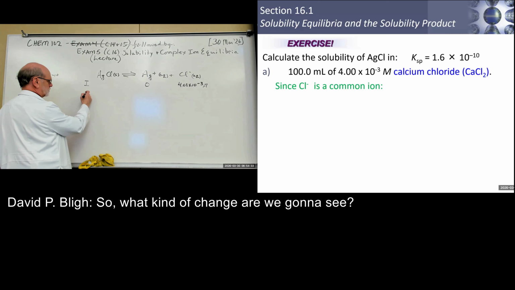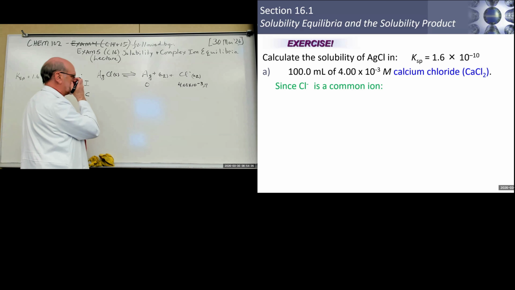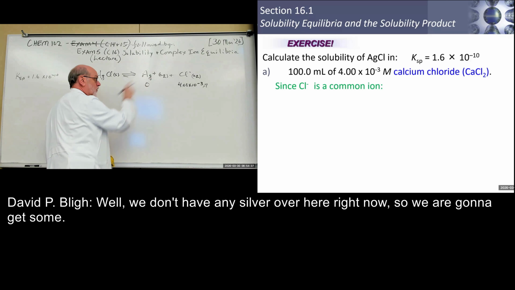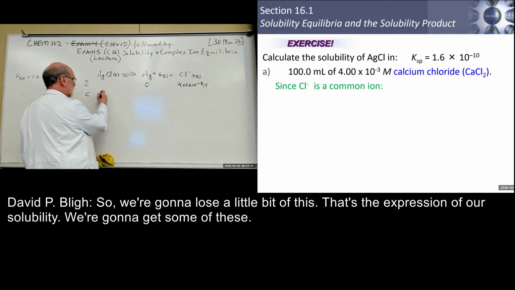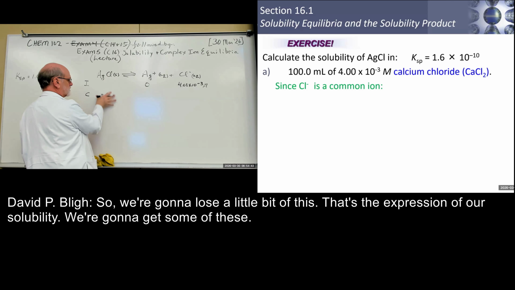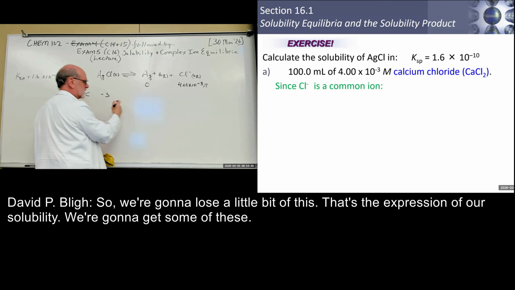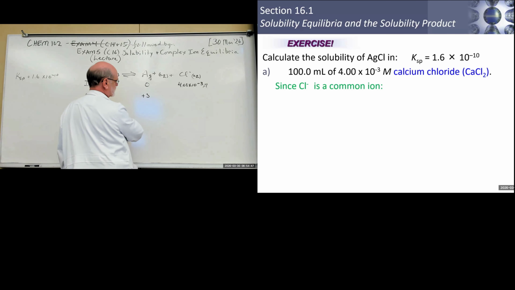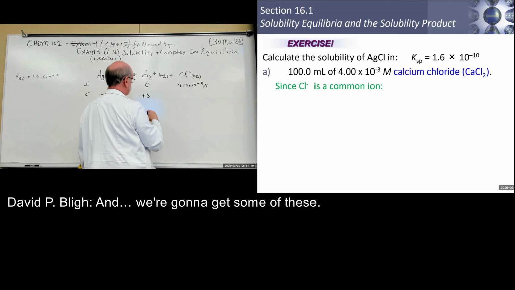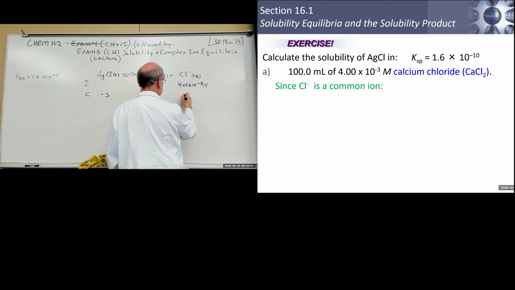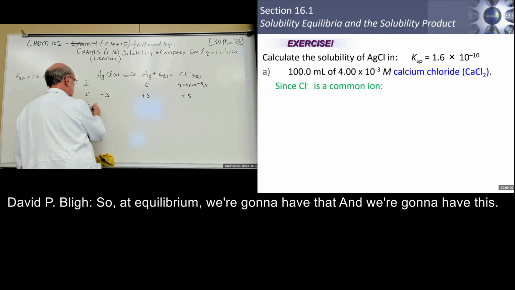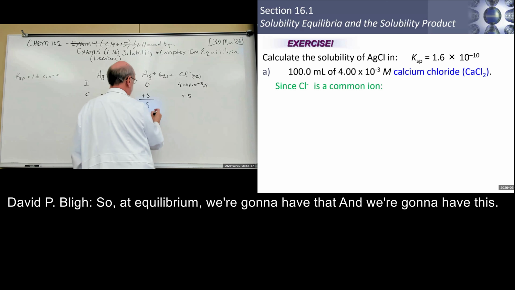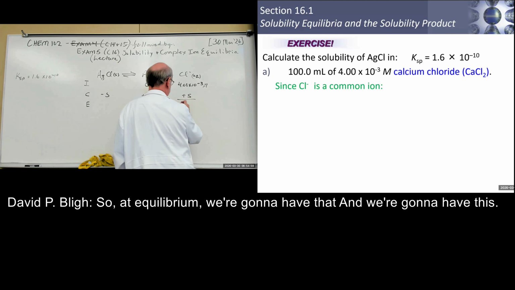Okay, so what kind of change are we going to see? Well, we don't have any silver over here right now, so we are going to get some. So we're going to lose a little bit of this. That's the expression of our solubility. We're going to get some of these, and we're going to get some of these. All right. So at equilibrium, we're going to have that, and we're going to have this.